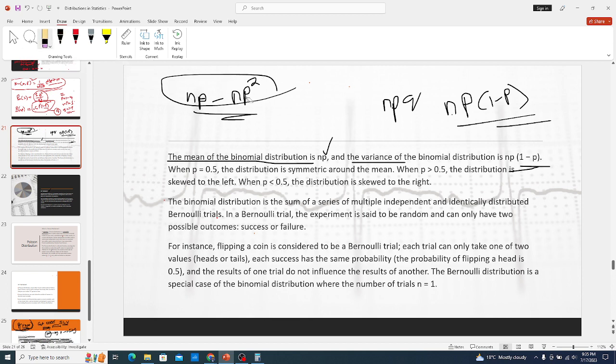We've seen that the mean is NP. The variance is NPQ. When P is equal to 0.5, the distribution is symmetric around the mean. When P is greater than 0.5, the distribution is skewed to the left.